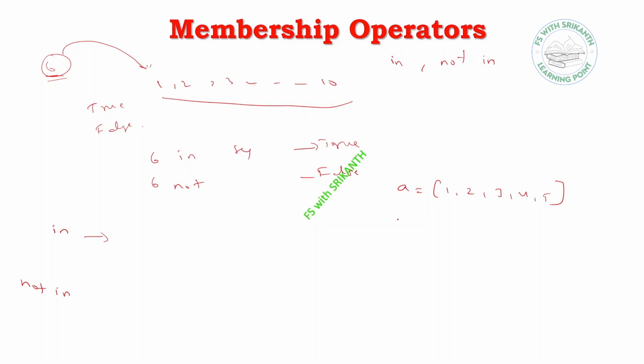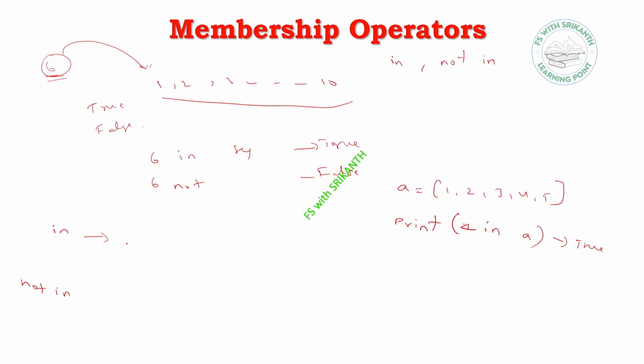And I am going to check print 4 in A or not. 4 is there in the sequence, so it is true. In the same way, not in checks whether the value does not exist.